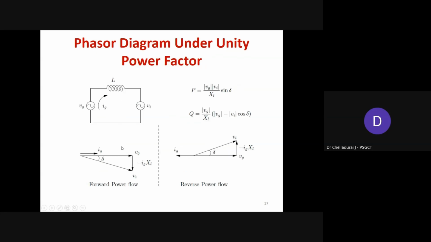In the previous case, IG and VG, both current and voltage, are in phase, so we can maintain the power factor equal to unity. Similarly, during reverse power flow, VG and IG are both in phase, but the current direction is just opposite, so we can maintain the power factor as unity.